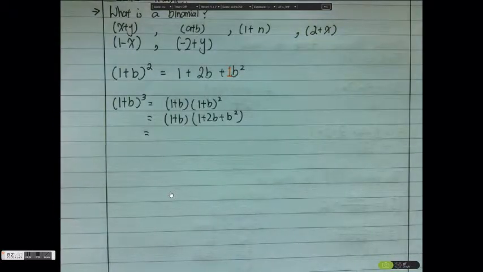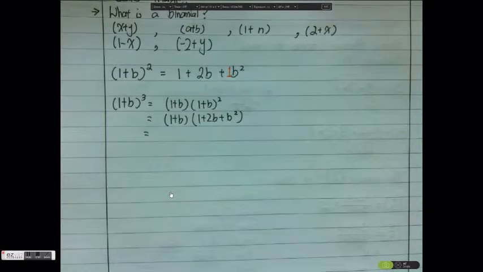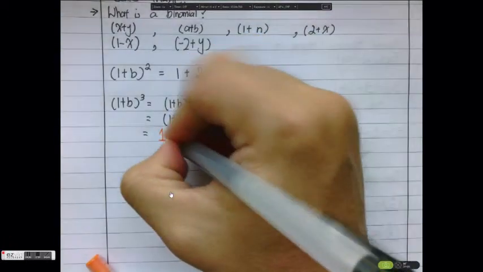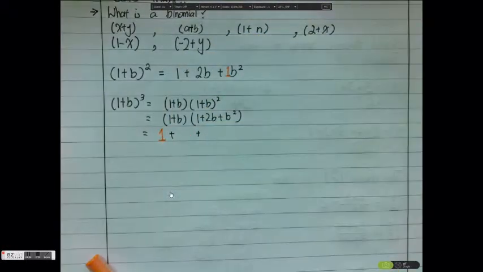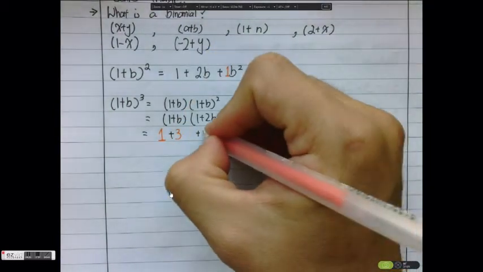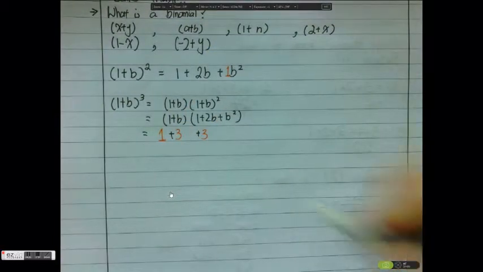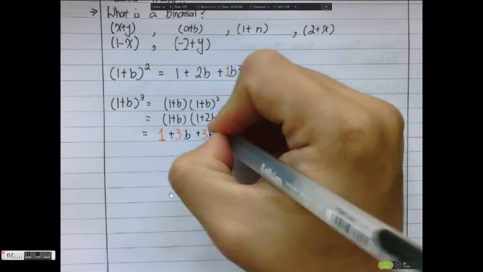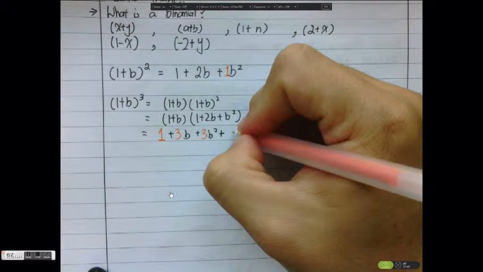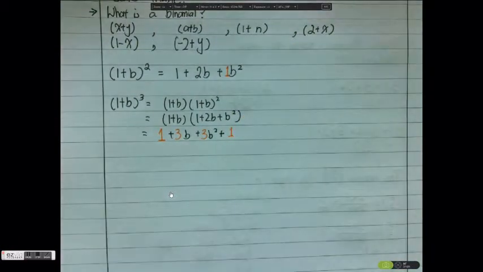Go and do all the algebra and expansion. In the end, what you should get is 1 plus 3b plus 3b squared plus 1b cubed.